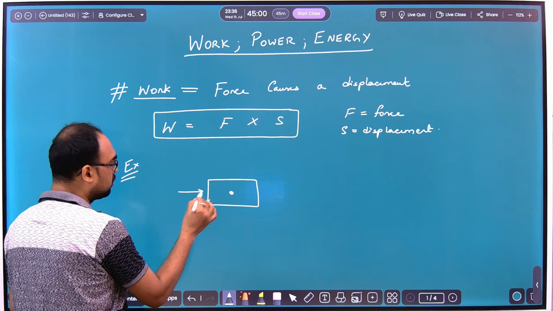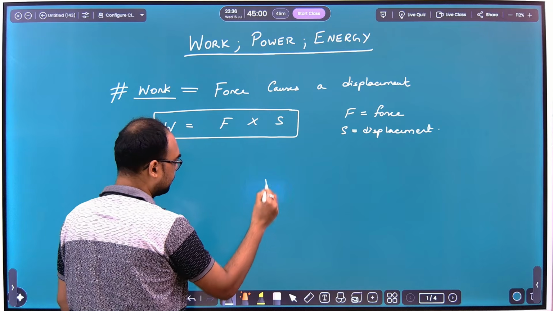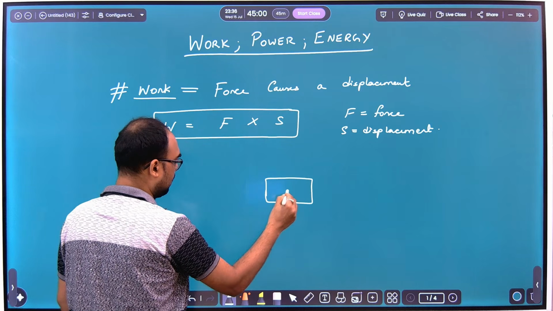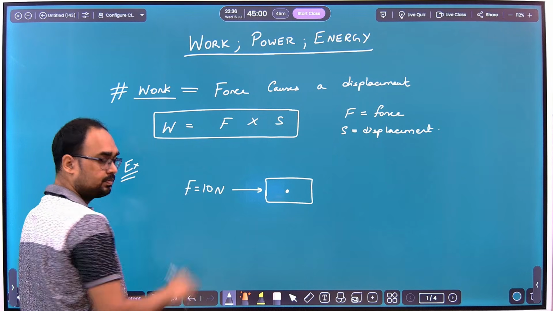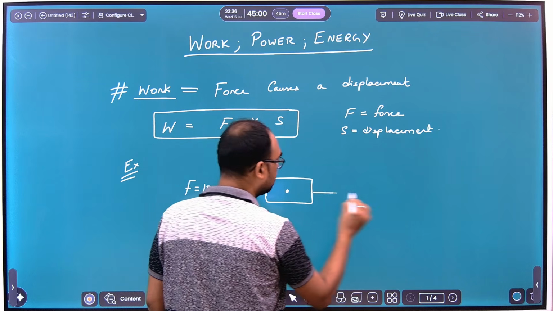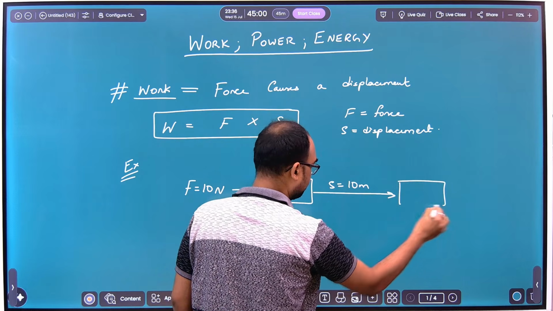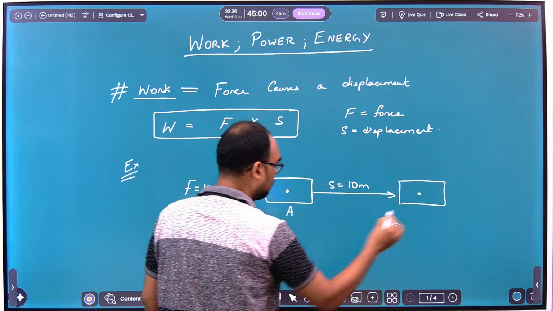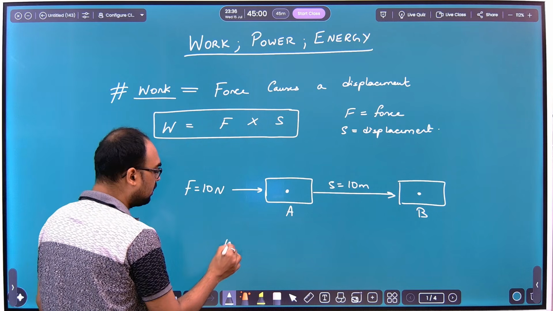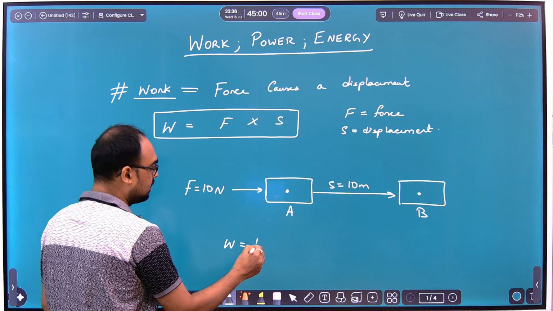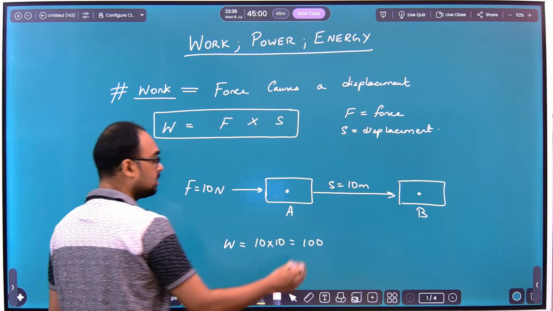I am applying a force of, let's say, 10 Newton, and the body moves forward by a distance of 10 meter from point A to point B. So according to the formula, the work done to move the body from point A to point B is 10 into 10, that is 100, and the unit is joule.